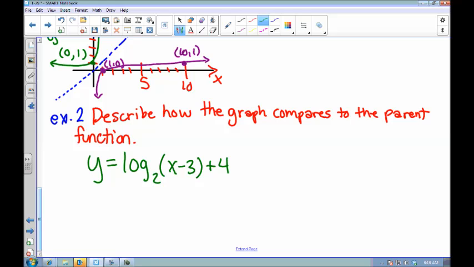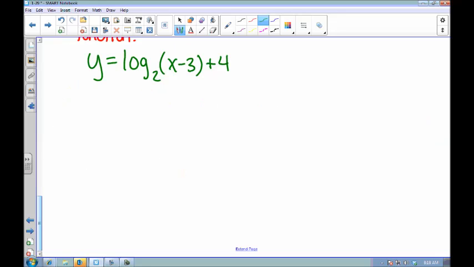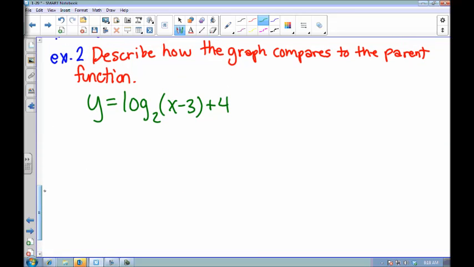Okay, only about half. I think we should have a few more than that. A, H, and K, no matter what the function is: absolute value, quadratic, square root, cubic, rational, and even logs, we have an A, an H, and a K.